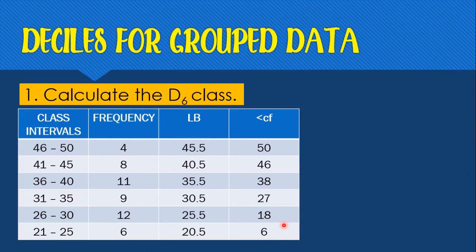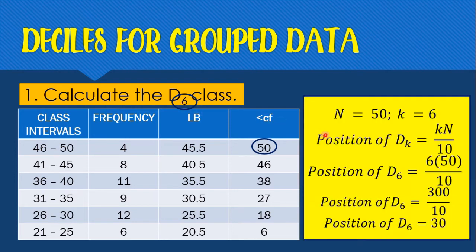So from the table, we have already its lower boundaries and the less than CF. So we have our 50 as the total number of frequency. 4 plus 8 plus 11 plus 9 plus 12 plus 6 is equal to 50. And since our 50 is the total frequency, this refers to our N. And our 6 will be our K.